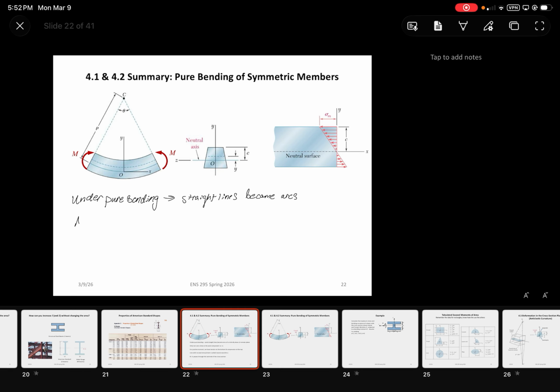The neutral axis, which we determined was that term y bar that you learned from your statics class, is the location of sigma x equals 0 and epsilon x equals 0. For positive bending, tension is on the bottom.